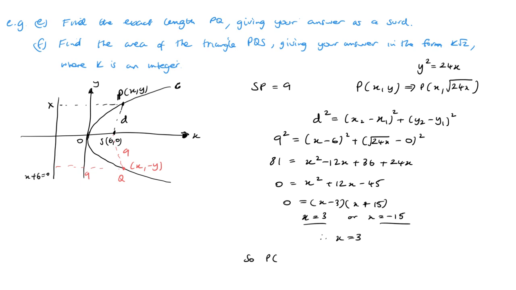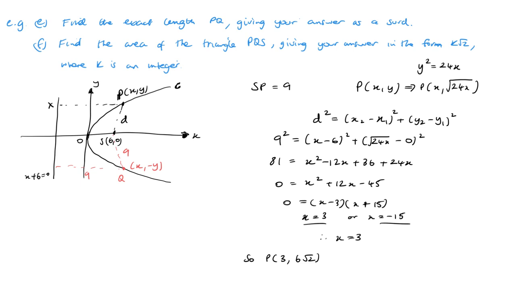So P is 3, comma. Now 24x is 24 times 3, so 72. Square root of 72 is 6 root 2.